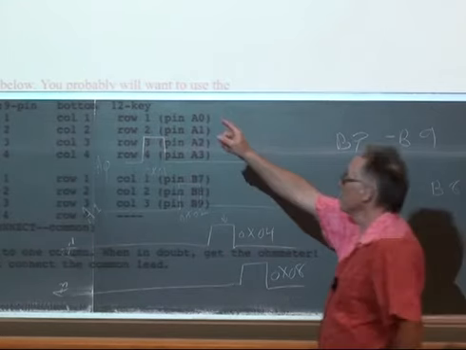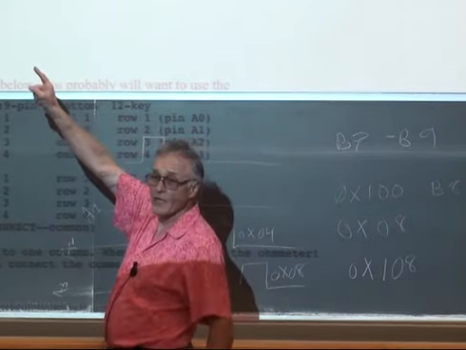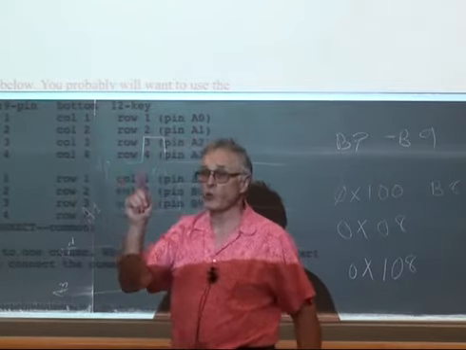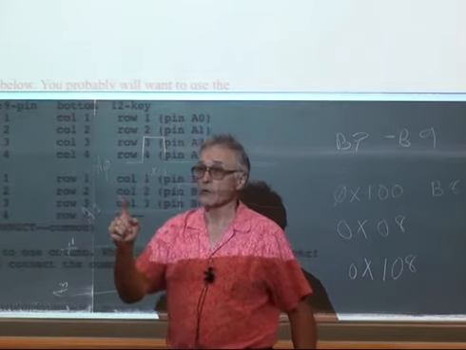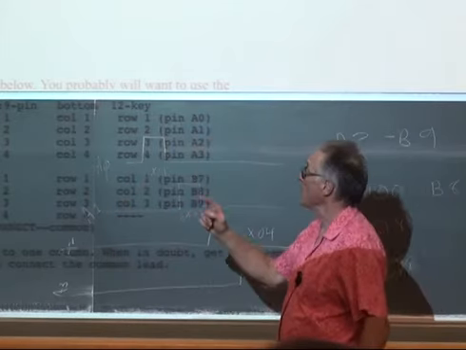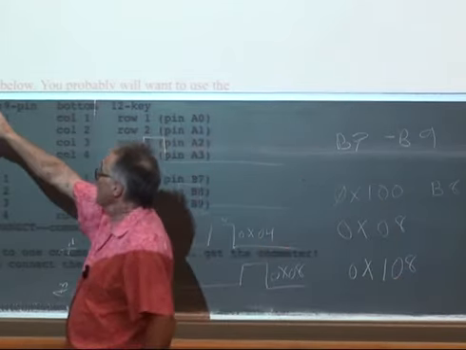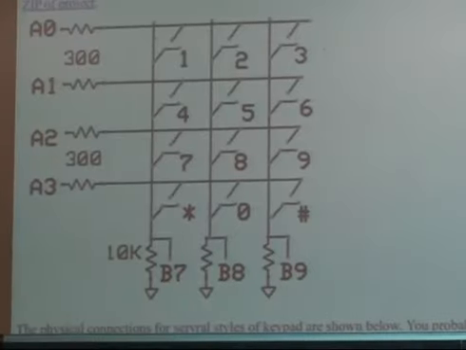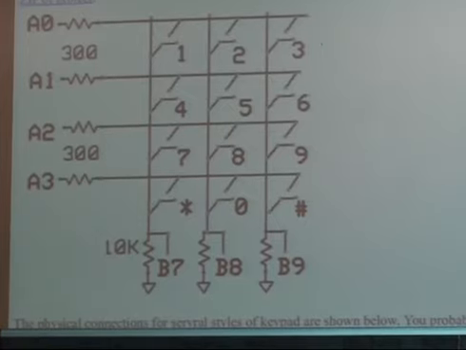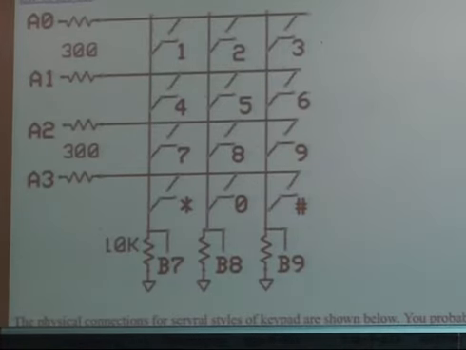It corresponds to the line which is high at the time you read port B. B7 through B9 are going to be all 0 when we bring A0 high.